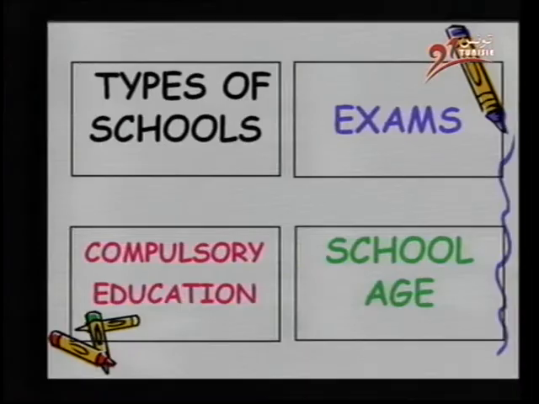And something which is also related to school systems, which is school age. You know that children usually start school at a certain age, and they take, or they are supposed to take, exams at certain ages during their education, of course.